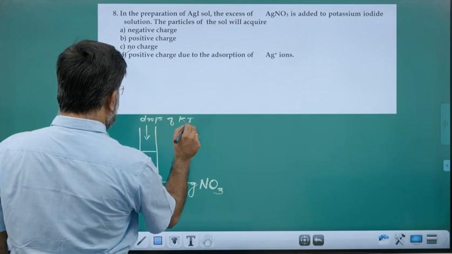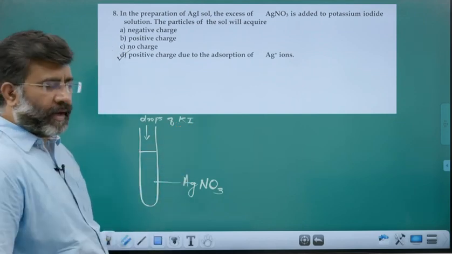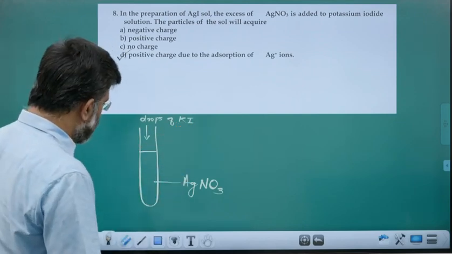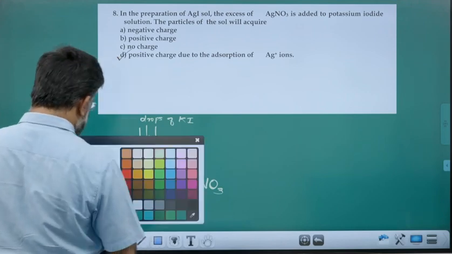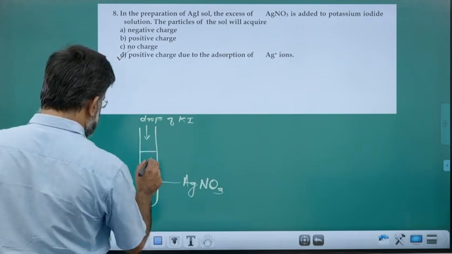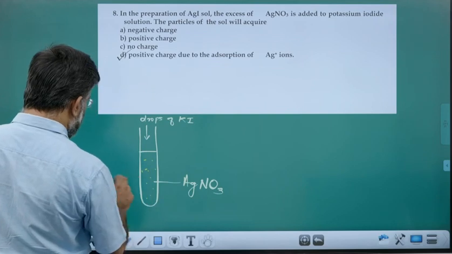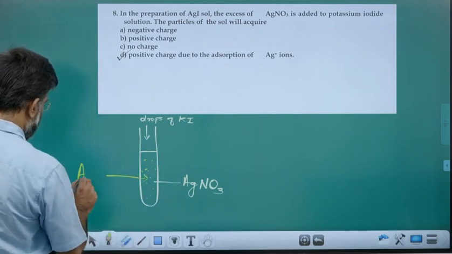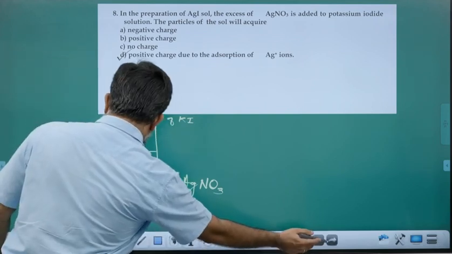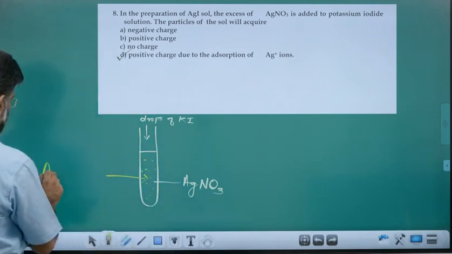Now KI will interact with the AgNO3 and you will get a salt produced inside the system, and the salt formed is AgI.